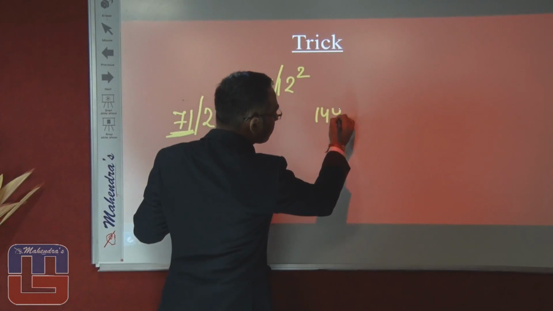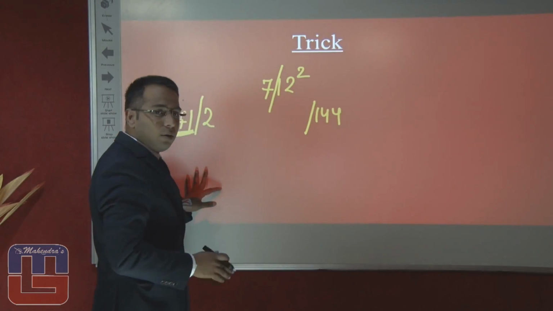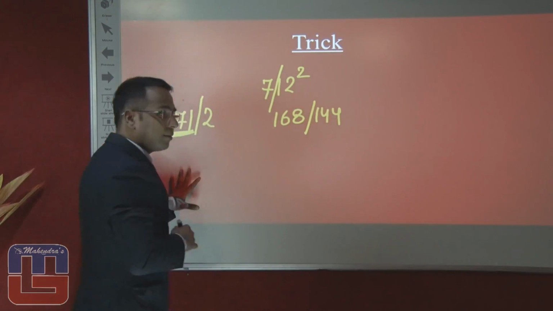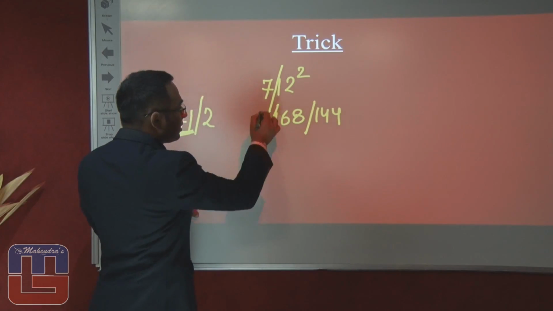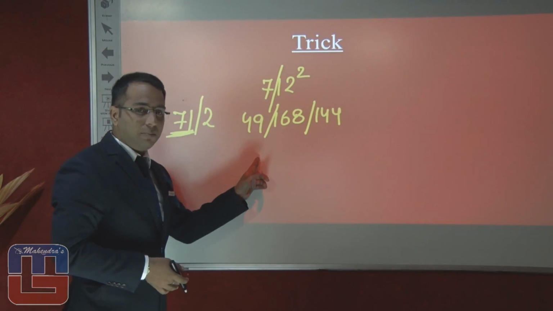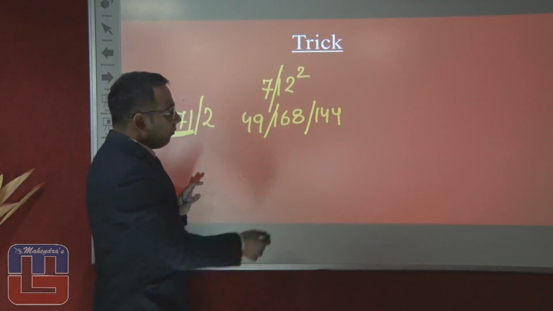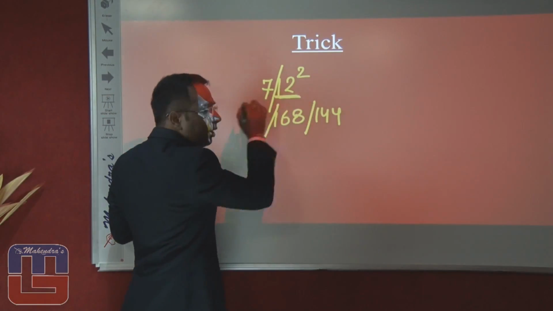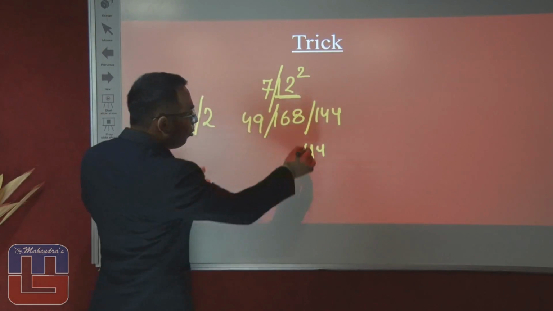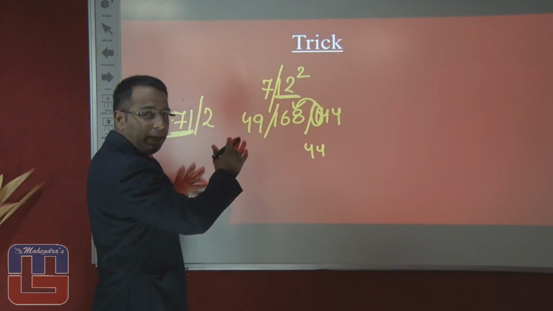12 square is 144. 2AB, that is 7 into 12, 84, and twice of that will be 168. Fine. And 7 square will be 49. So what we have done is put the number in the form of A square, 2AB and B square. Now, since we have taken the last 2 digits, we will take 2 digits in each case. We will put 144 here and 1 will be carried forward.